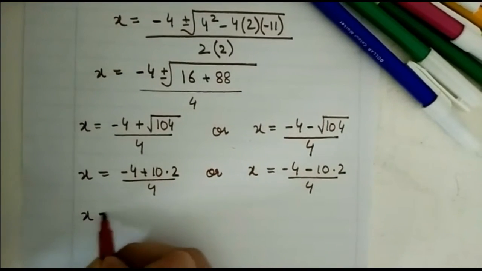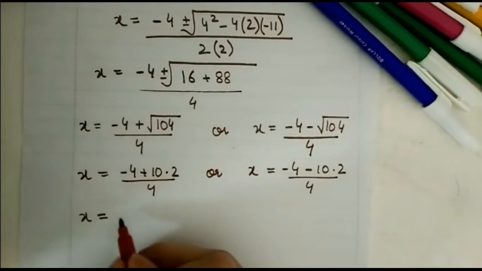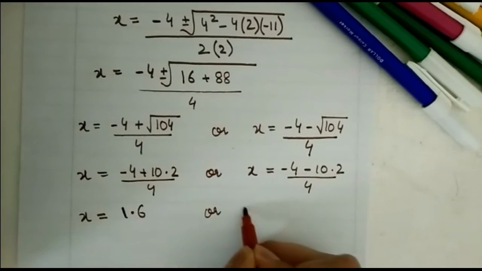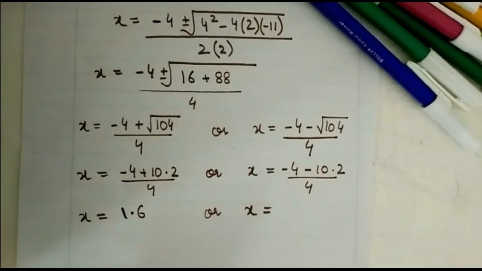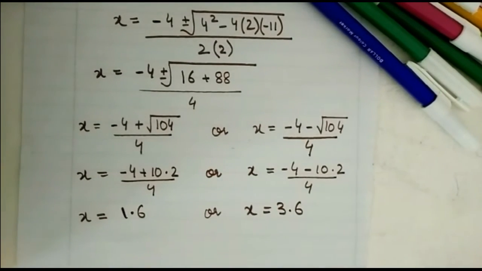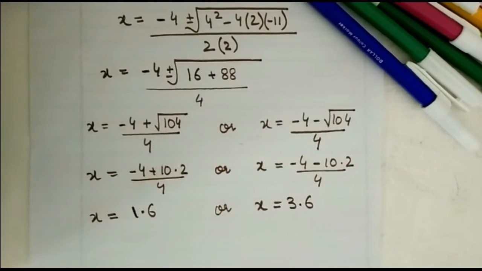Further, x is 1.6, I hope this is right, or x is equal to minus 3.6. These are the two possible values that we calculated for x.